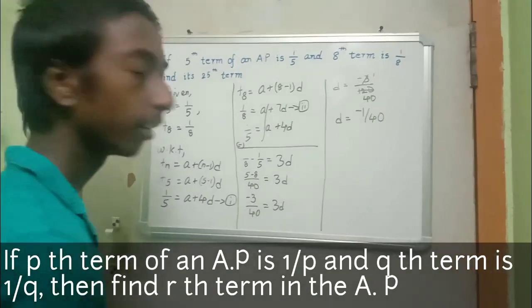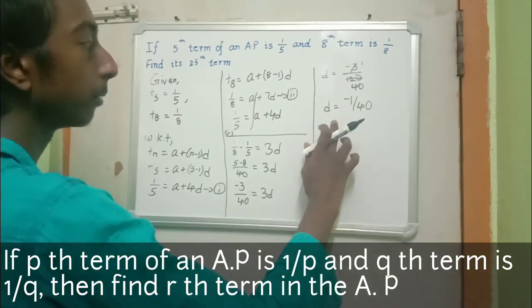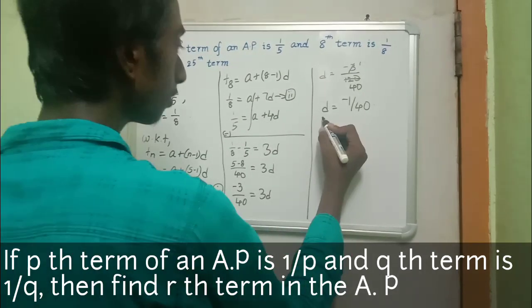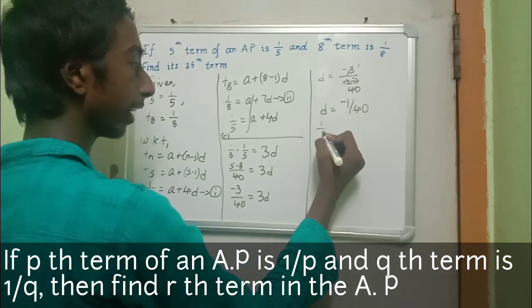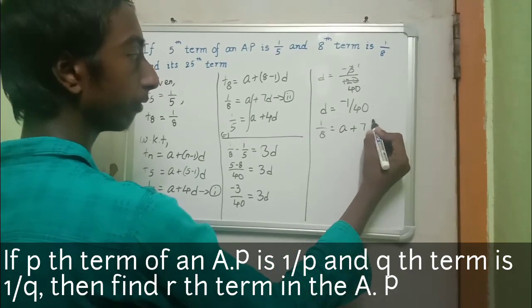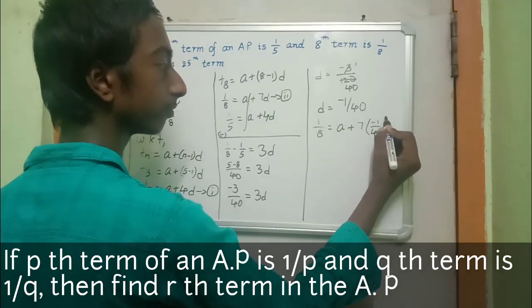Let's find a. To find a, we substitute d into one of these equations. So 1 by 8 equals a plus 7 into d, and we found d as minus 1 by 40.